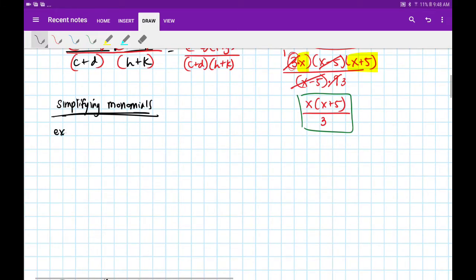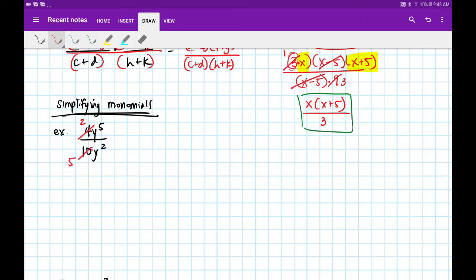So please write example. Let's say I have 4y to the 5th over 10y squared. Okay. In this case, I'm going to simplify not only the 4 and the 10, because I can, because they're factors, they're being multiplied. So the 4 would become a 2, the 10 would become a 5.